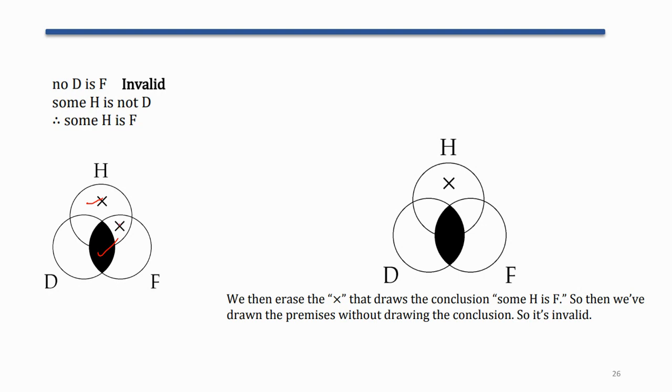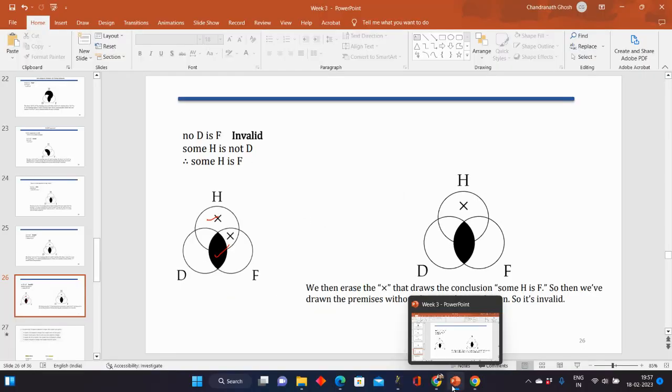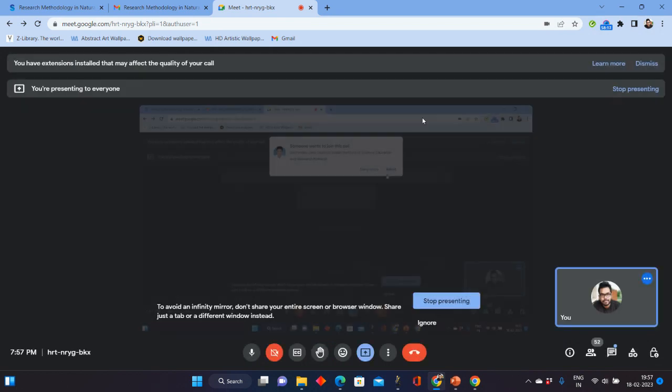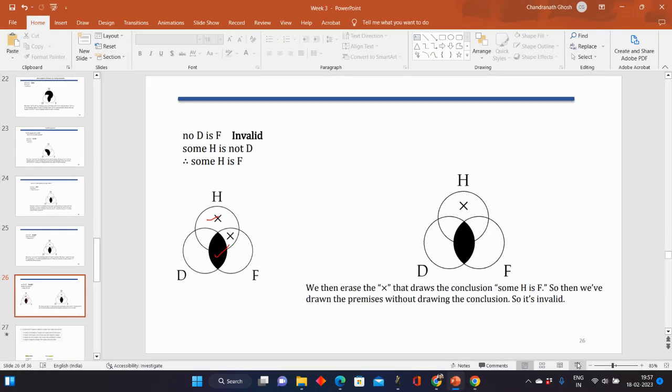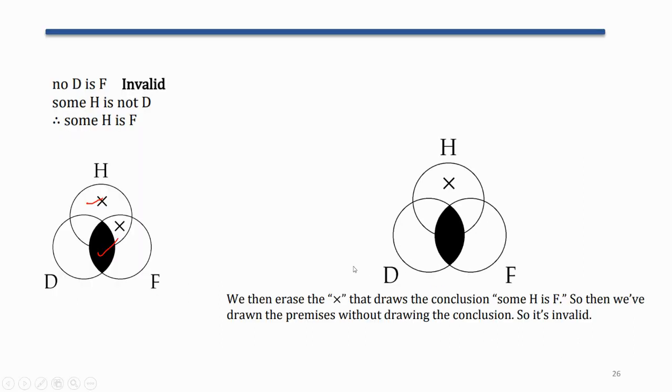Now as some portion is crossed, the conclusion that some H is F is valid then, because whenever there is this cross term, it says that some portions are common between these two, like H and F. If some portion is common, then this cross term will come.